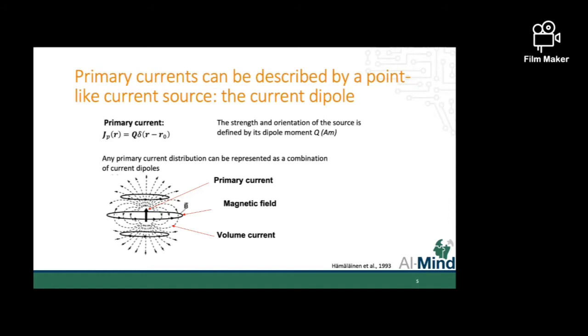And the dipole moment is described by the strength and orientation. And now the primary currents sum up linearly, meaning that any primary current distribution in the brain can be represented as a combination of current dipoles. And this will be useful when trying to deduce from where in the brain the activation comes from.